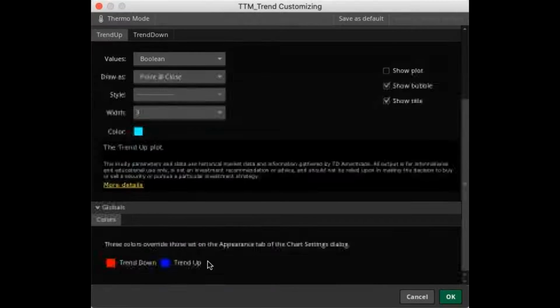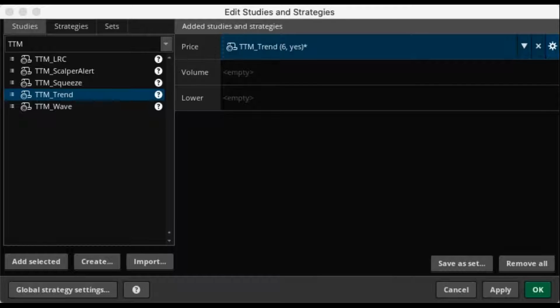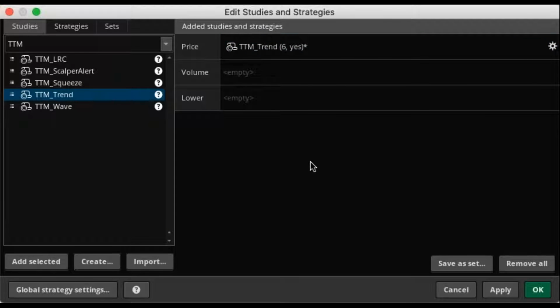Then we go down to globals, and we change that trend up to green. So then we have trend up green, trend down red. Then we click globals, and then we push OK.